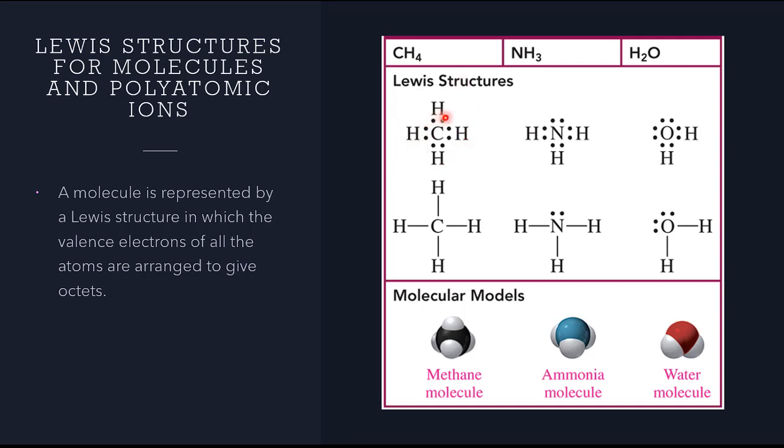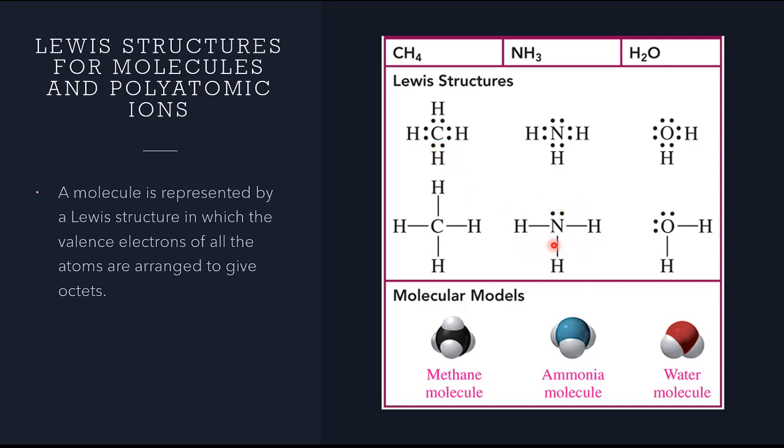Here we can see the individual electrons that are shared between each hydrogen and the central carbon. Or we can use a straight line to represent a single covalent bond that exists between the hydrogens and the central carbon. And what you'll notice is that each line will represent a pair of shared electrons.